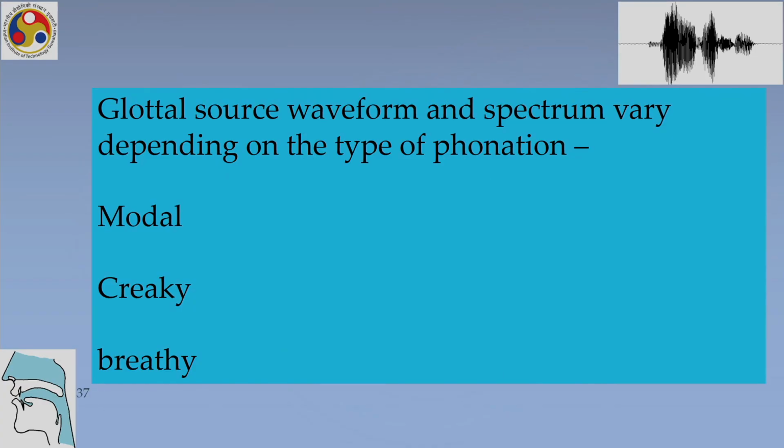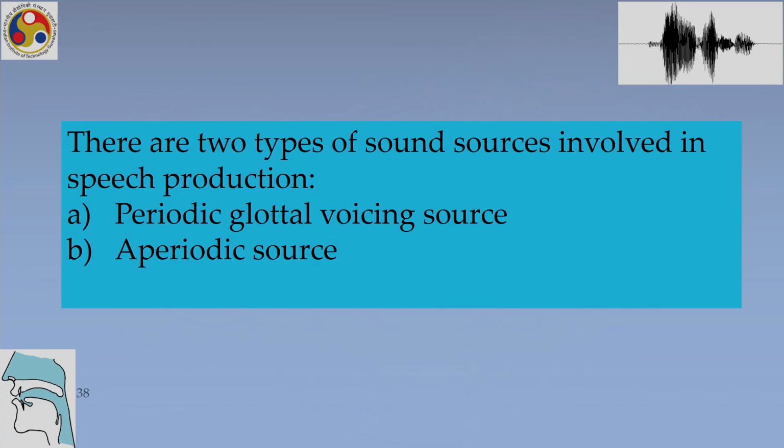Additionally, there could be other glottal effects, and those are the properties of the source. Everything else that you will see related to formants are the properties given to the sound by the vocal tract filtering function. The sound source involved in speech production gives a periodic glottal voicing source, and an aperiodic source can also be given by the source.